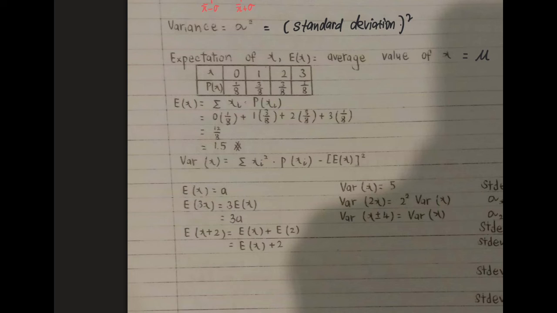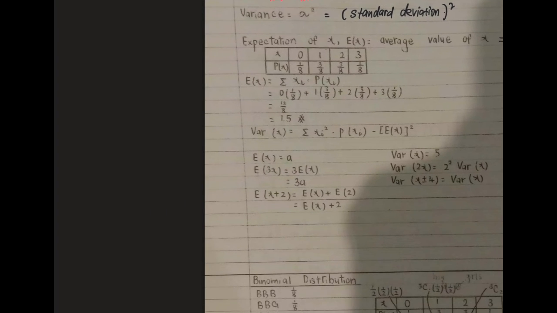Okay, now variance. Variance is another formula. You have to square the x value, then you multiply with the probability. So for example, you see how I count the mean? I do it at the side here. Now how to count the variance.